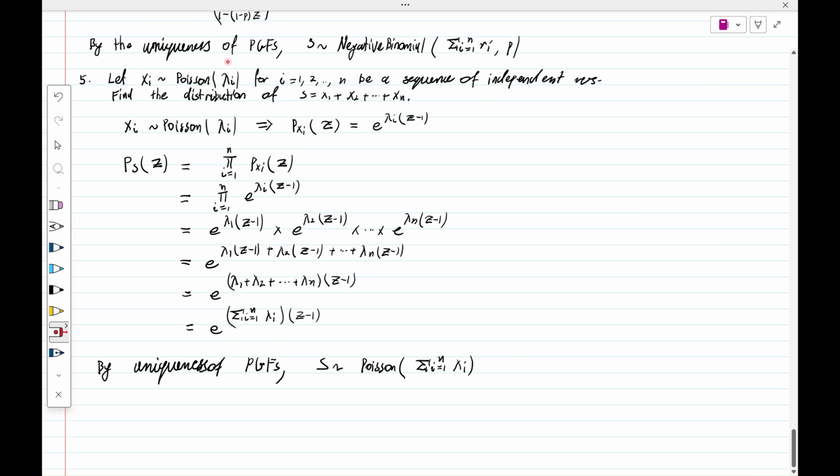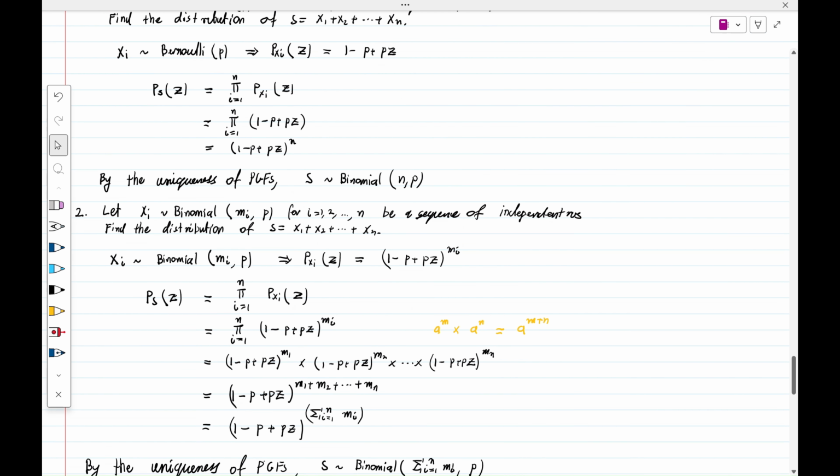In other words, the sum of Poissons is also a Poisson, just with the rate parameter summed up. A very interesting and useful fact.